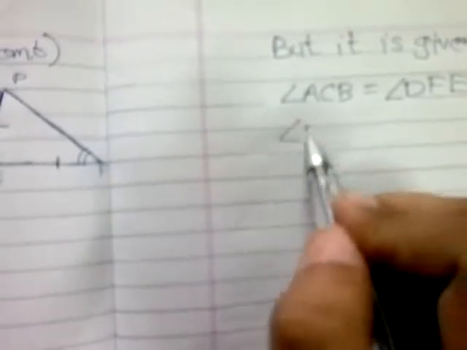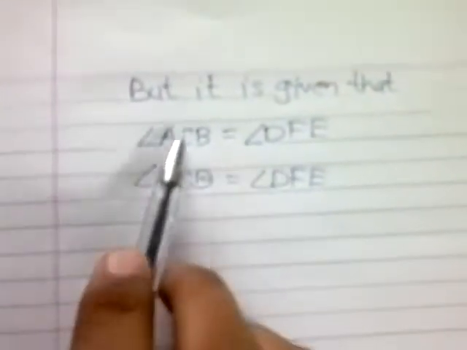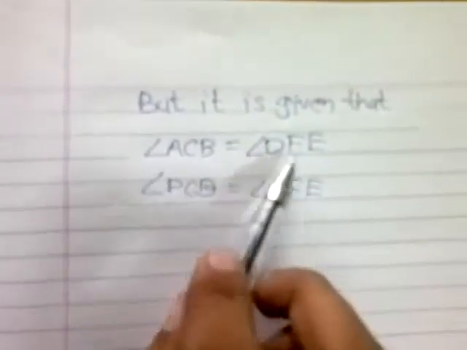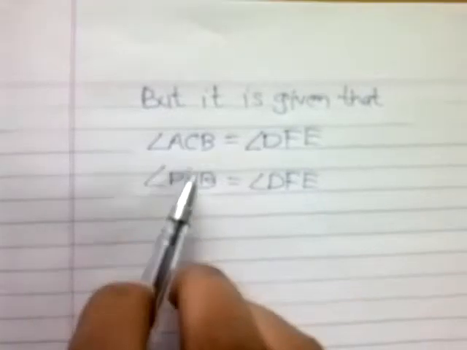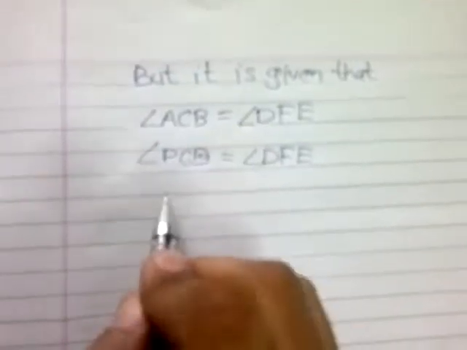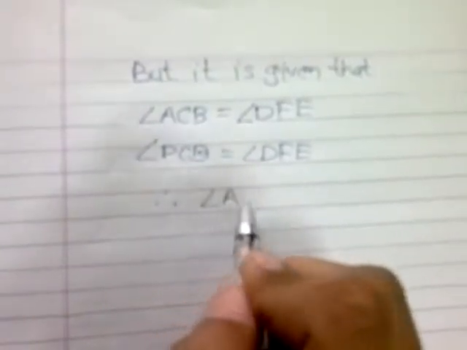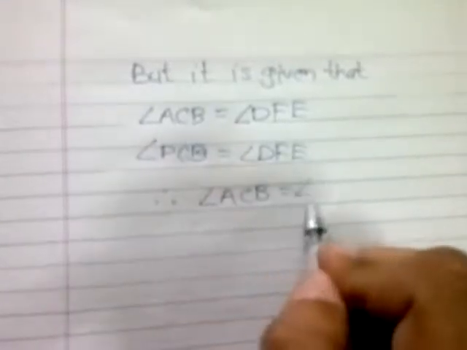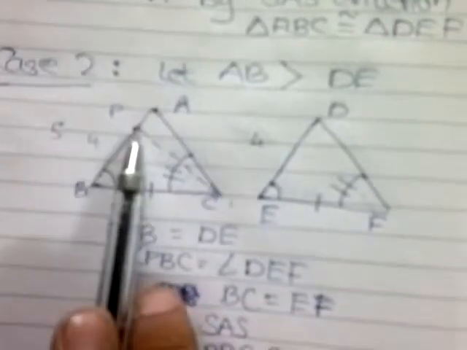And from here we have angle PCB is equal to angle DFE. Now both the things are equal to the same thing. Therefore angle ACB is equal to angle PCB. Note down, angle ACB is equal to angle PCB.